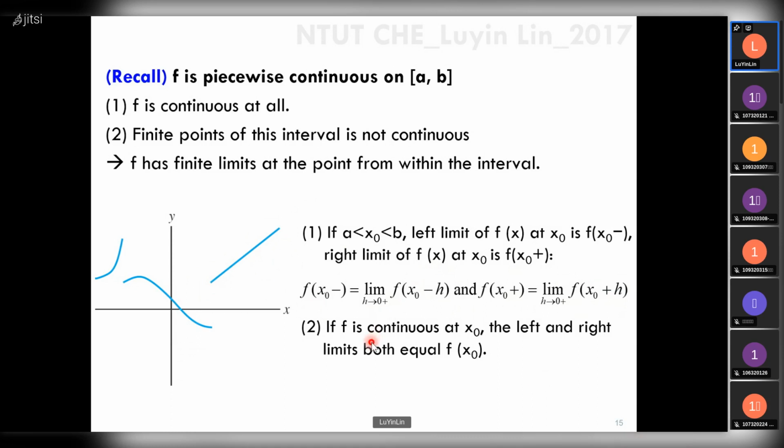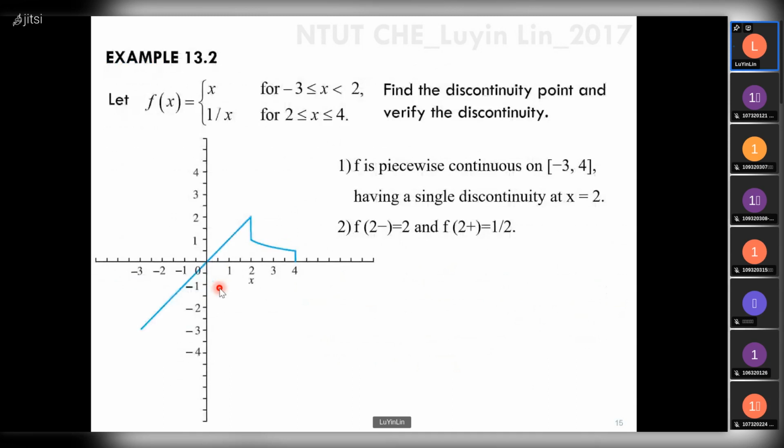So if f of x is continuous at x0, that means the left and right limits, this one is the left limit, this one is the right limit, both equal f of x0. f of x0 means you bring x0 into this equation. That is continuous.